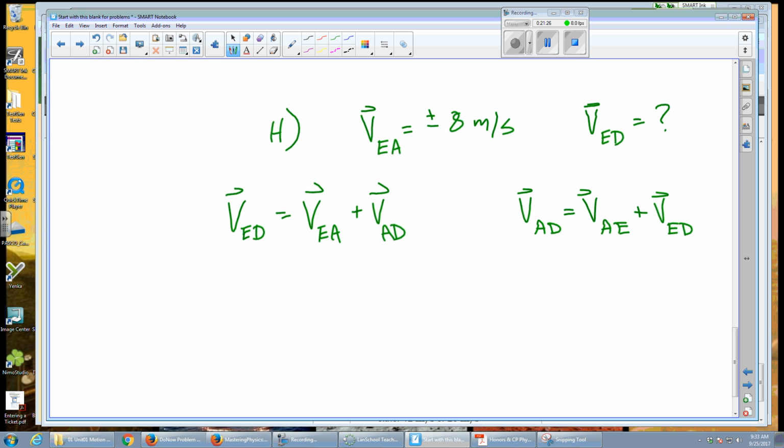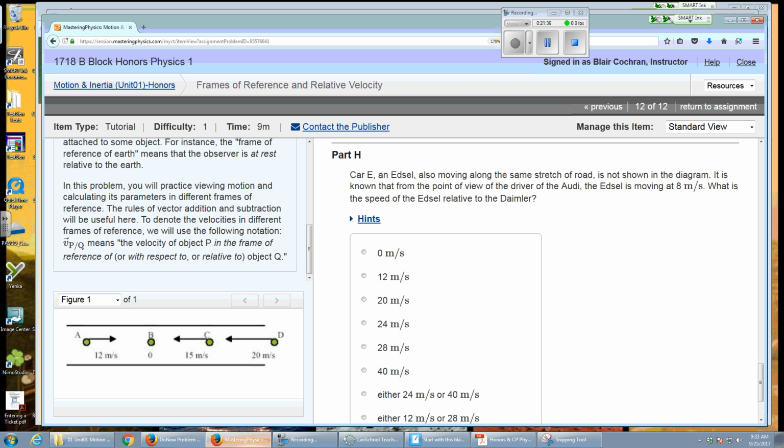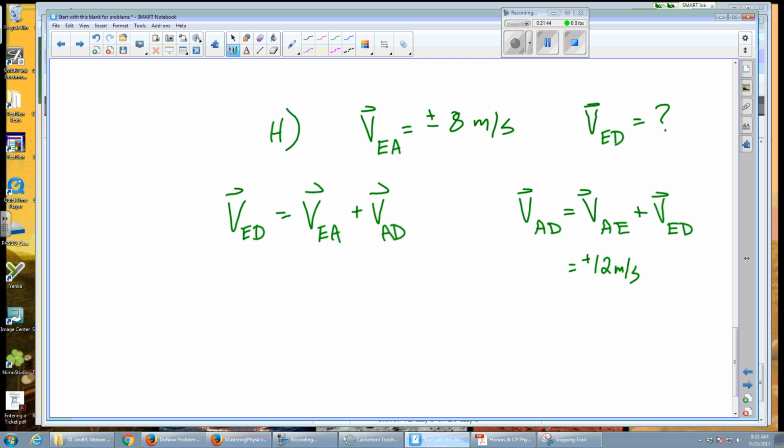So A to the Earth was positive 12. Earth to Dahmer, E to D, is the opposite of D to E, so that's going to be positive 20. So A to D looks like 32 meters per second, positive.